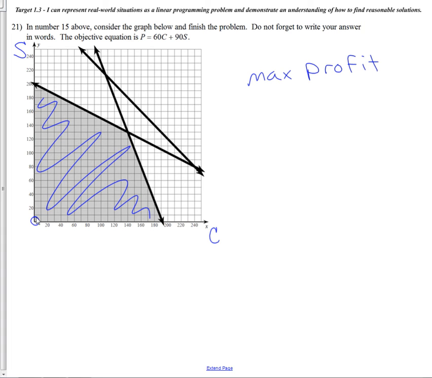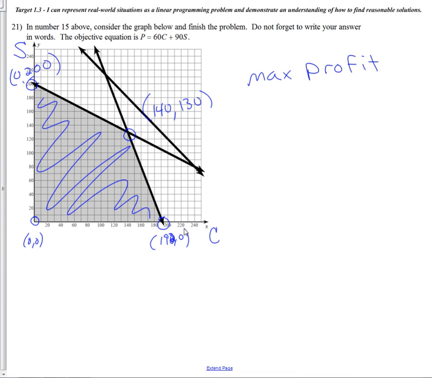So the vertices of this shaded region are right here in blue. This one is 0, 0. This one looks like 190, 0. It might be 192. This one is, let's see, 140, 130, and this one is 0 and 200.